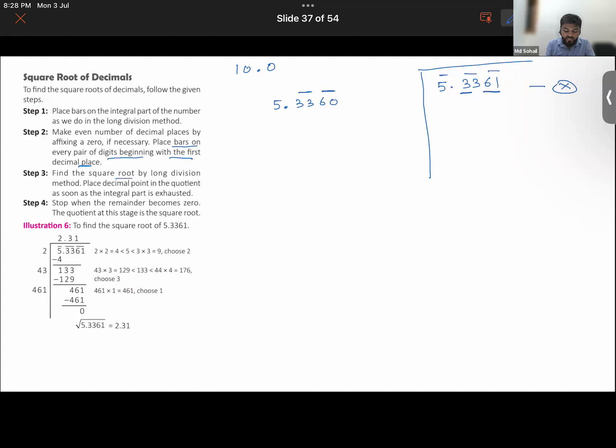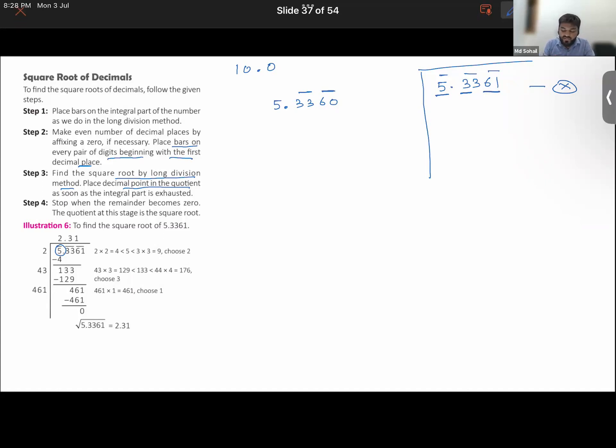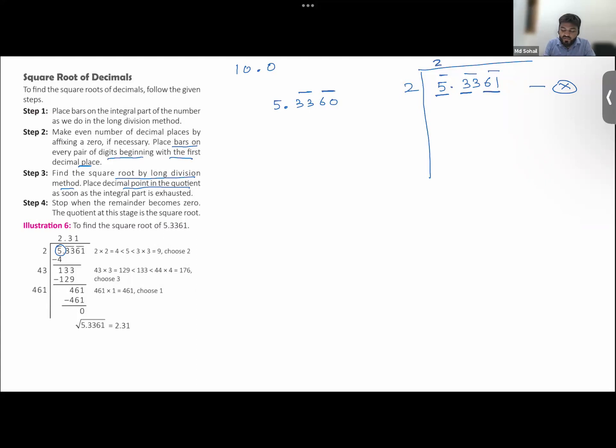Now find the square root by the long division method. Place the decimal point in the quotient as soon as the integral part is exhausted. The integral part here is 5, the complete whole number, not the decimal. So after you are done with it, you will write 2, and then place a decimal point here. Then you will write 4 here, and bring down this number 33.